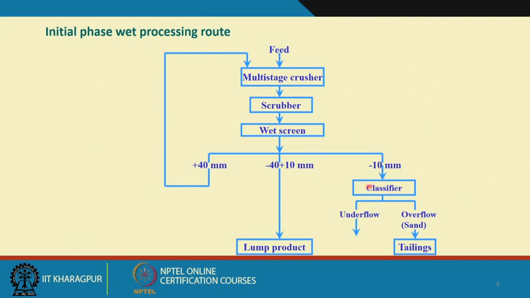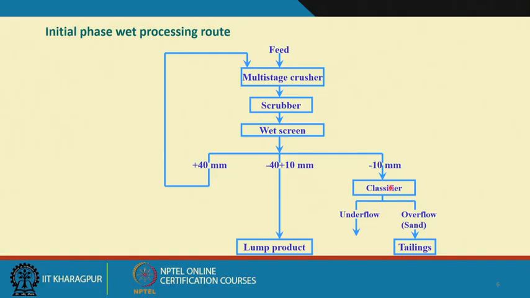We are first having a classifier. Now, this classifier is basically set at a size of 150 microns. So below 150 micrometer particles, we think that we cannot sinter them and they have more alumina and silica.